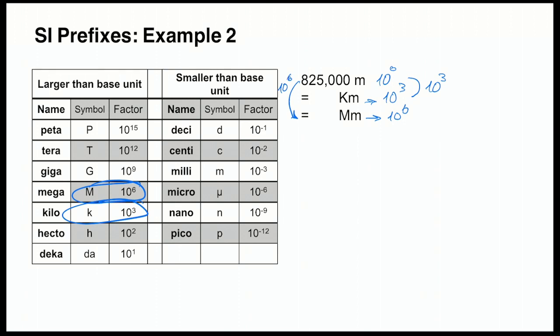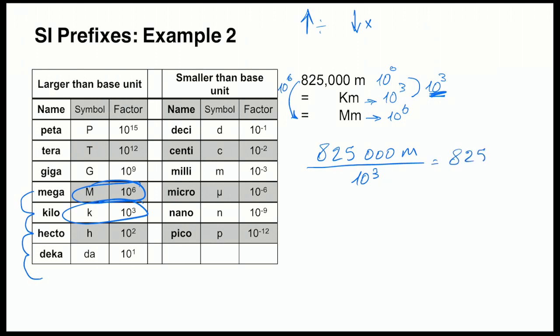All right. When I'm going from meters to deca to hecto to kilo to mega, I'm going up. So again, up is division, down is multiplication. So I'm going to take 825,000 meters, and I'm going to divide it by this factor, 10 to the power of 3, and that is going to give me 825 kilometers.